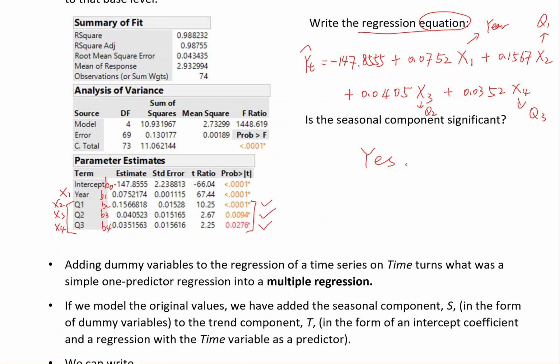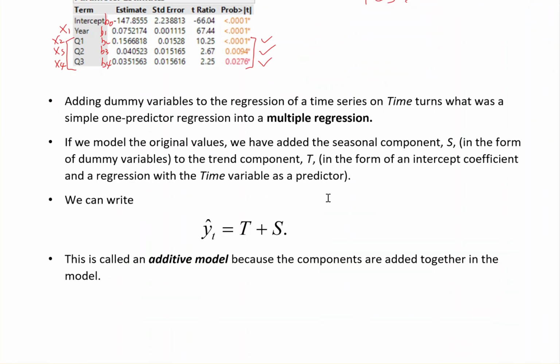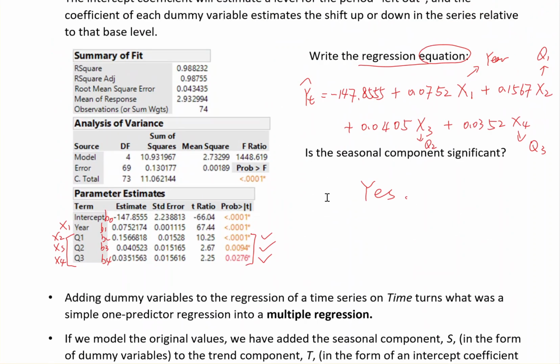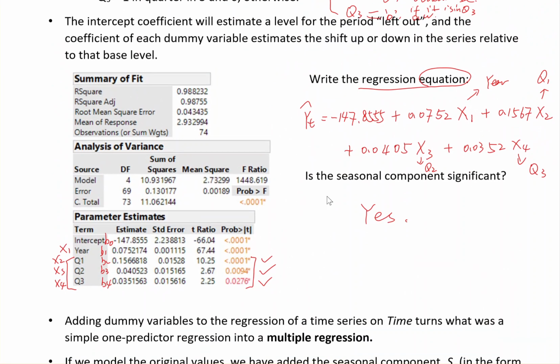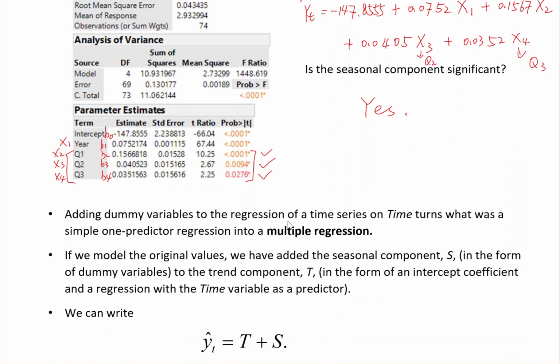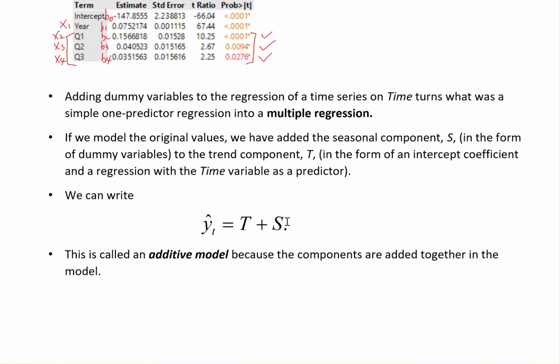The interpretation will be exactly the same as what you learned in the multiple regression chapter. I will not talk about the details for this part because it's just a repeated idea. If you have any questions, just go back to the multiple regression chapter and watch the videos about the dummy variables. I think there will not be any problem.